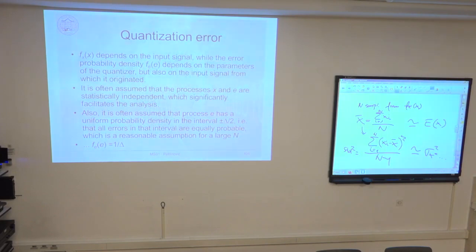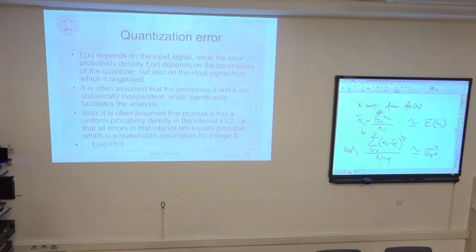So it will be like a Dirac in the probability density function instead of a simple uniform probability density function for the completely random error. So this assumption is valid only when the input signal is lively enough, going to all levels, going to all errors, such that statistically it covers the whole range plus minus 1/2 of the step size equally, with equal probability.